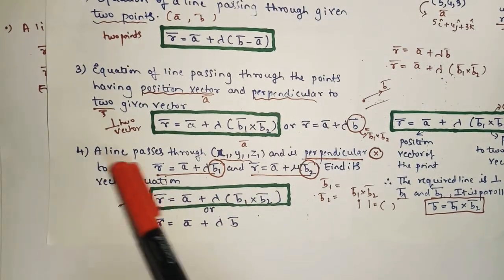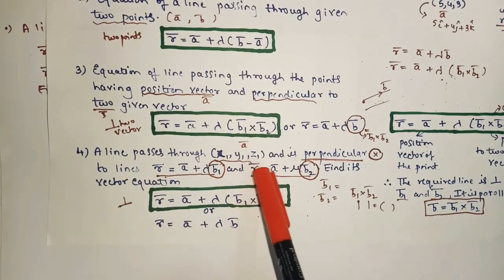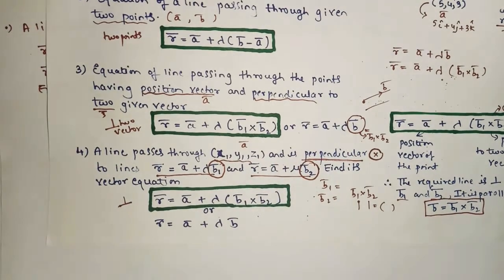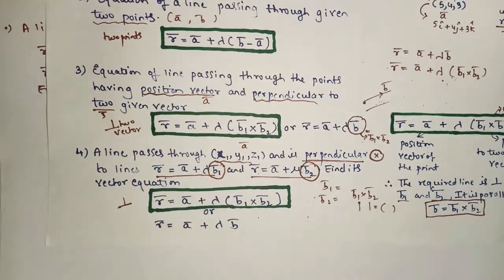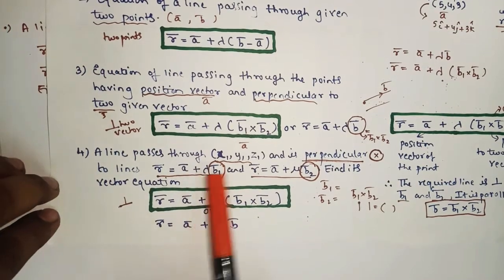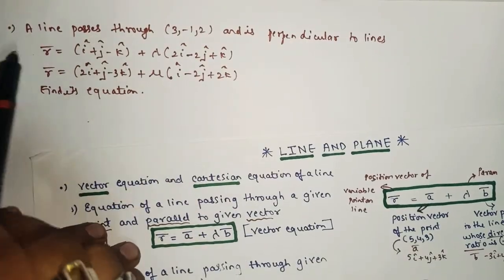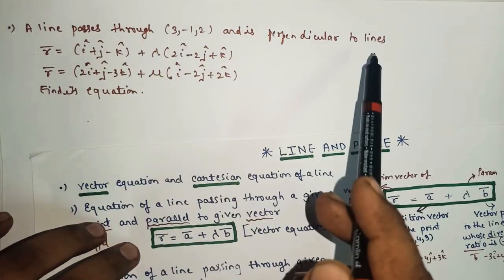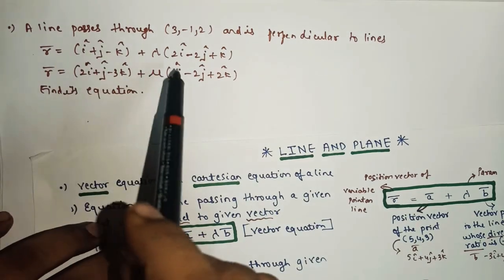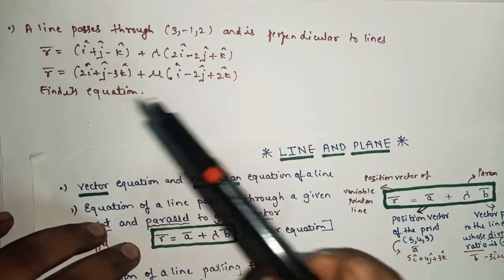Whenever a line passes through a point and it is perpendicular to two vector equations, and you have to find the vector equation again. The same thing here: it is given a line passing through a point and it is perpendicular to the two vector equations, and again you have to find the vector equation.